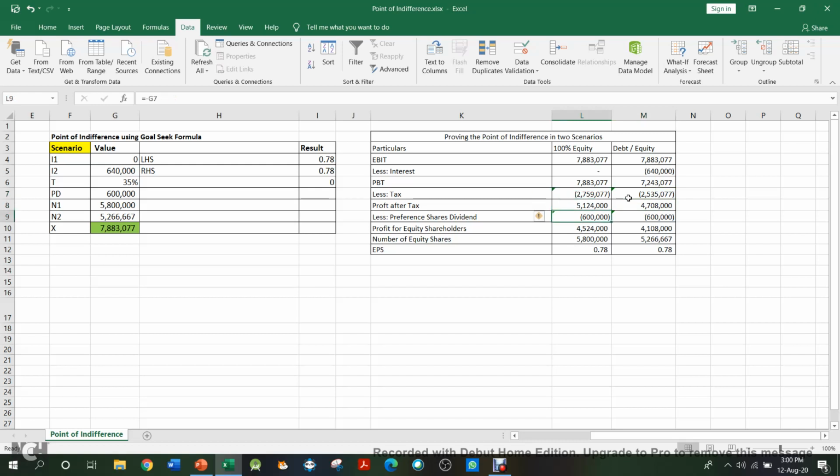Finally, I reduce the preference share dividend from both the plans, and I get the final amount available for equity shareholders. Then I divide it by the number of equity shares, and I get the earning per share. You can see in both places I am getting 0.78. So this proves the indifference point of 78 lakh 83,000 is correct.